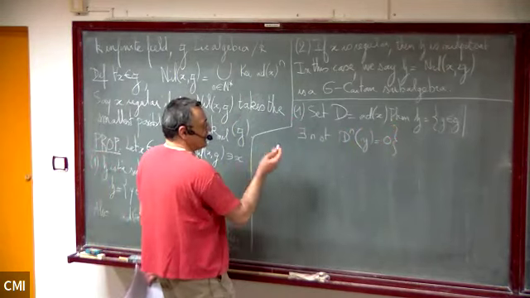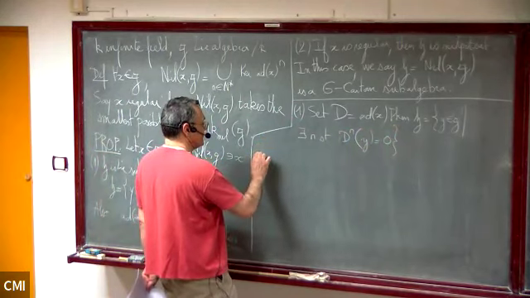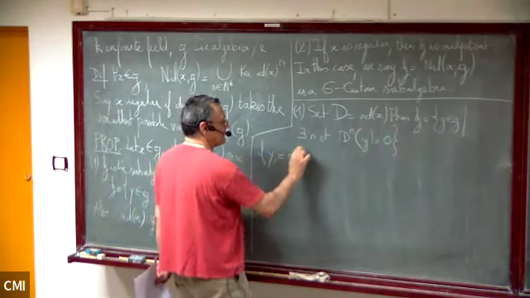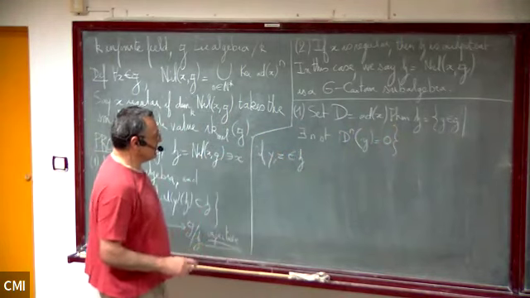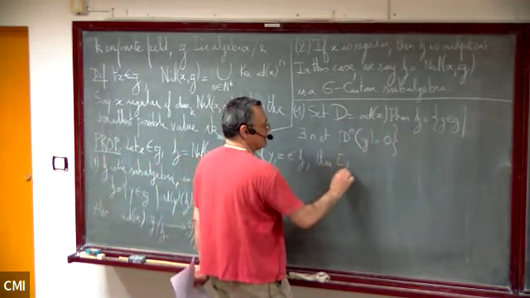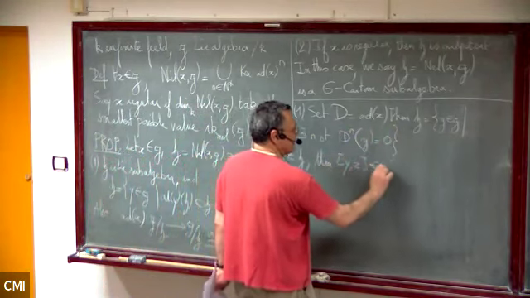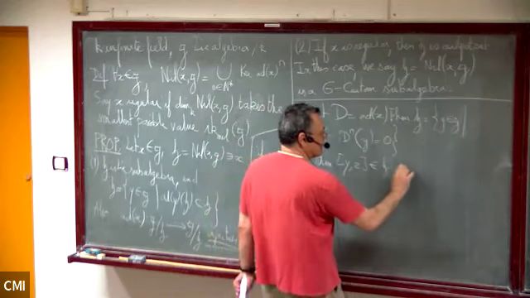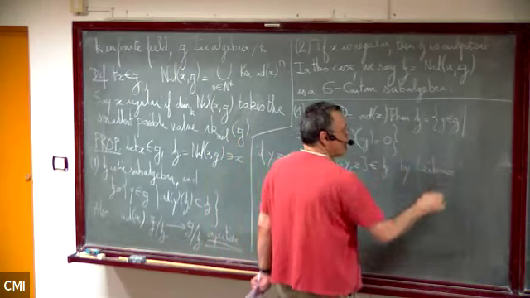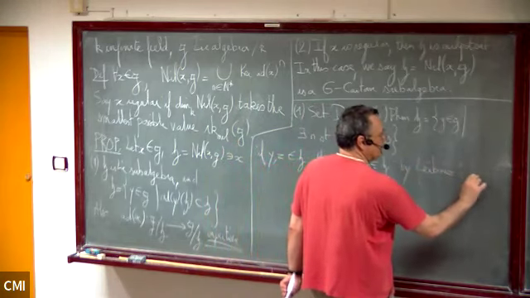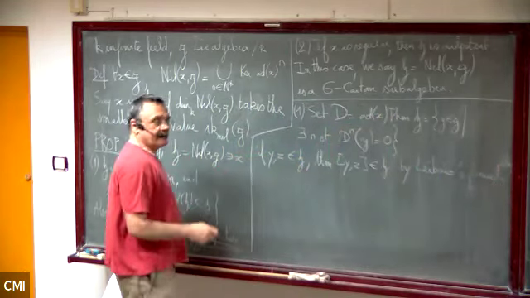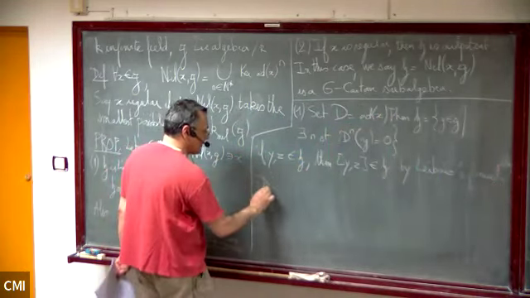And so if we have two elements in H, then the Lie bracket is again in H by a Leibniz formula, because this ad x is a derivation of the Lie algebra.